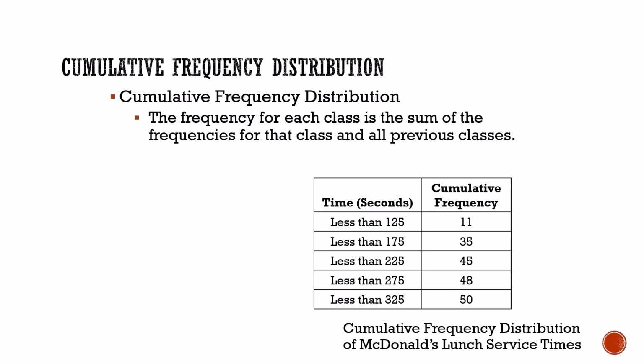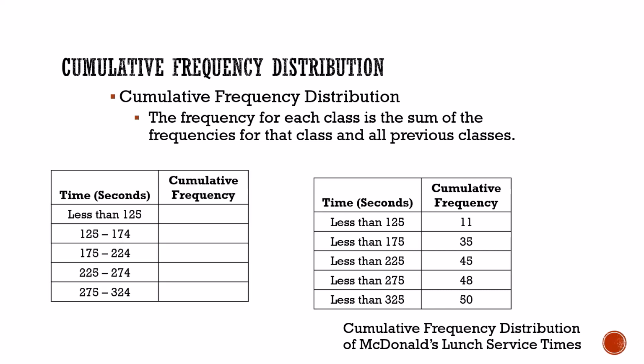So you can easily build your distribution by subtraction, right? So if you want to get not a cumulative frequency distribution, just a regular frequency distribution, you can use subtraction, right? So this one's going to be the same. That's going to be 11, right?